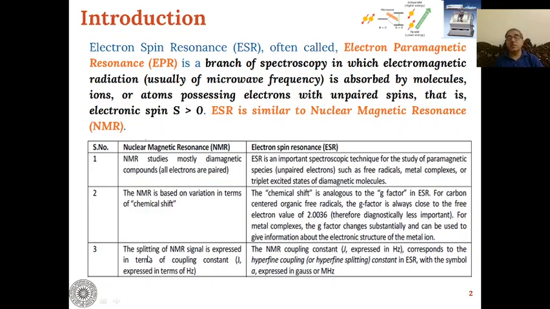Then the splitting of the NMR signal is expressed in terms of coupling constant, which is measured in hertz. Whereas in ESR spectroscopy, this is expressed in terms of hyperfine coupling or hyperfine splitting constant, and this is expressed either in megahertz or Gauss.